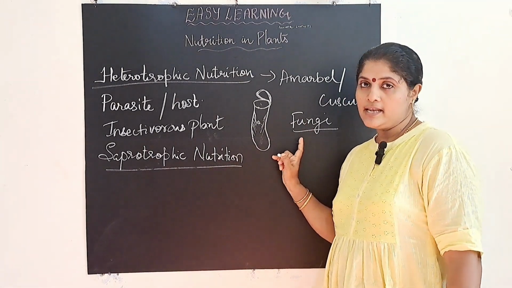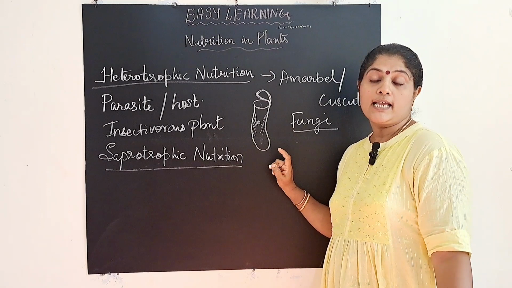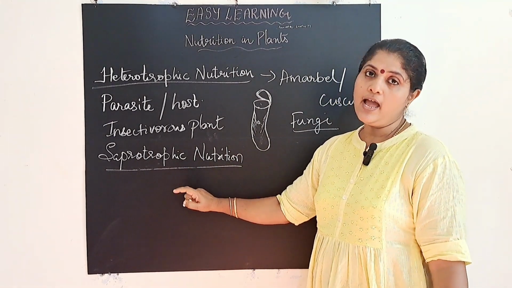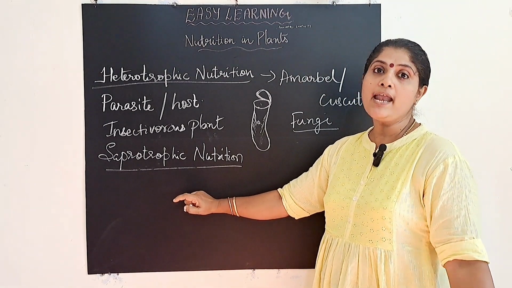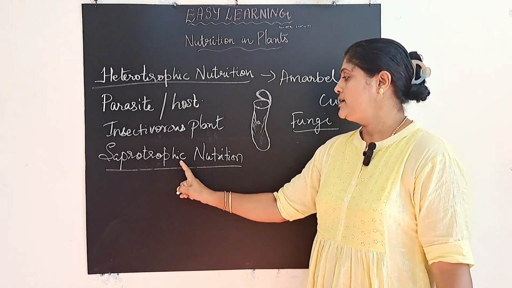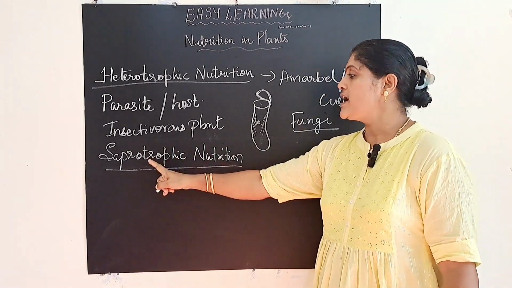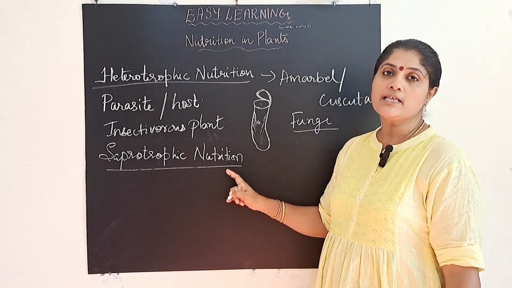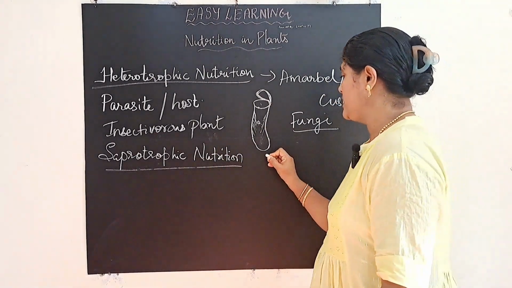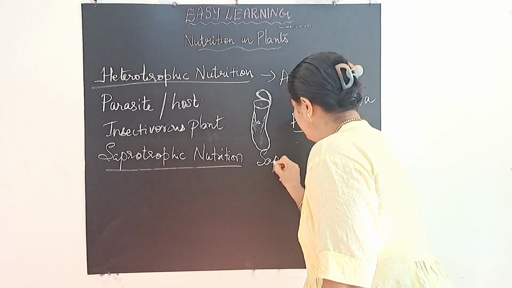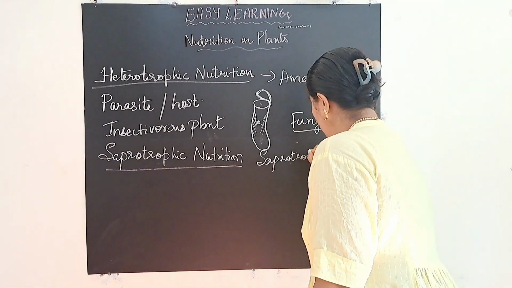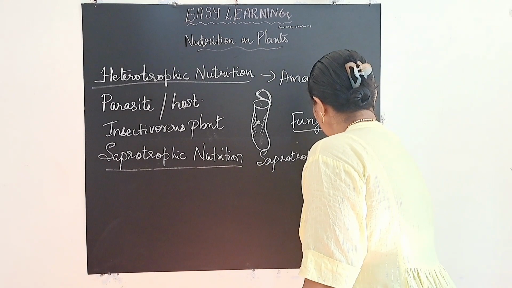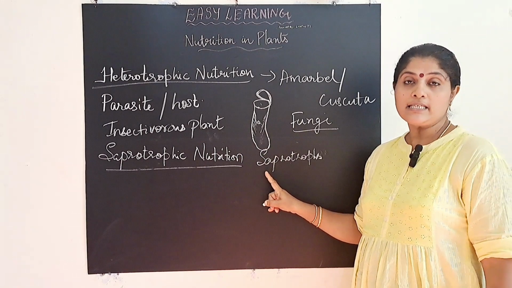So, here these organisms secrete the digestive juices into the dead and decaying organic matter, convert it into the solution form, and gain the nutrients from it. Such a mode of nutrition is known as saprotrophic mode of nutrition, and those organisms which undergo saprotrophic mode of nutrition are known as saprotrophs.